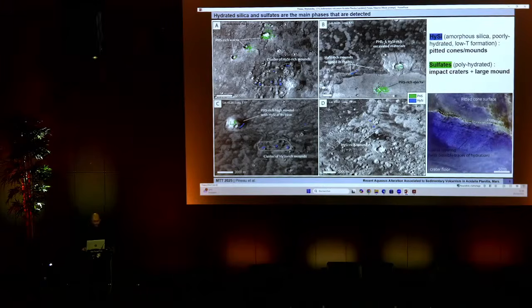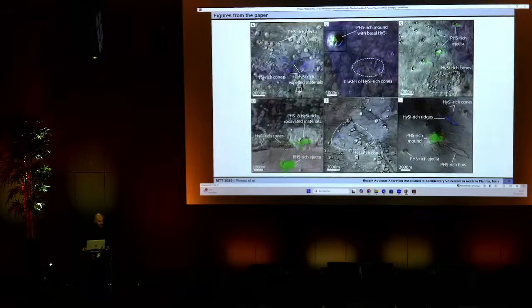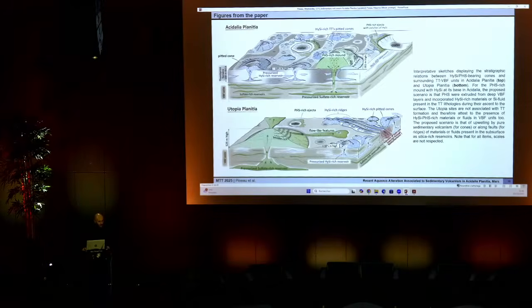But, as explained in the paper, we have another example in Utopia Planitia. This is the schematic diagram on the bottom. Here we have a huge mud volcano with flows, and here it's pretty wet. So probably for Acidalia it's mostly dry-like, but in Utopia it's wet-like.